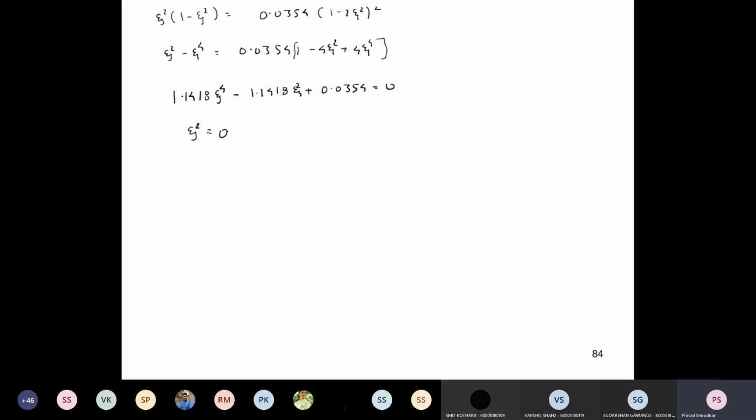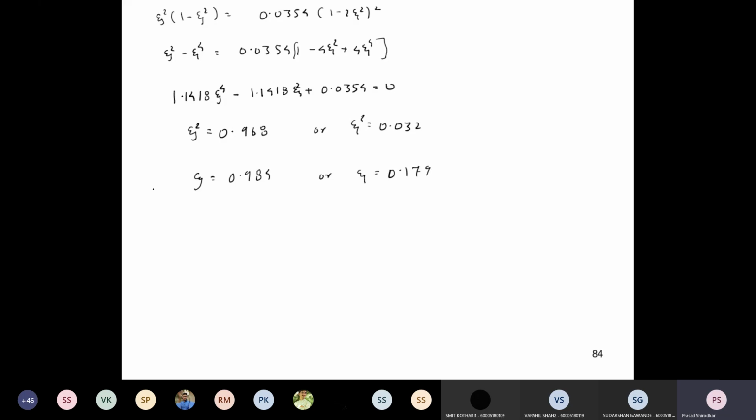On simplifying this, I get two values of zeta square: 0.968 or 0.032. If you take the square root, I get zeta equal to 0.984 or zeta equal to 0.179.